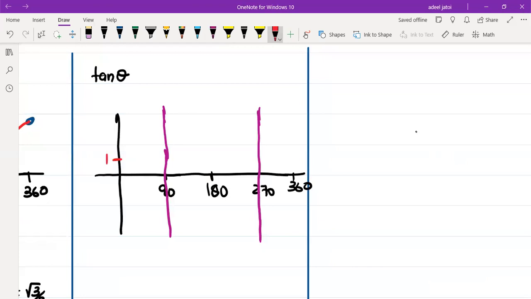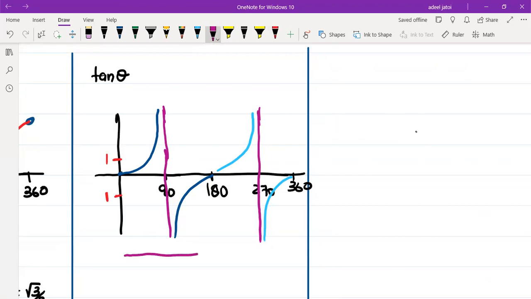So your maximum and minimum values are more than one here. The graph will not touch the line of 90 and it will move from here, and after 180 it will continue. Obviously, it will touch this line, but at the moment our main requirement is till 180.